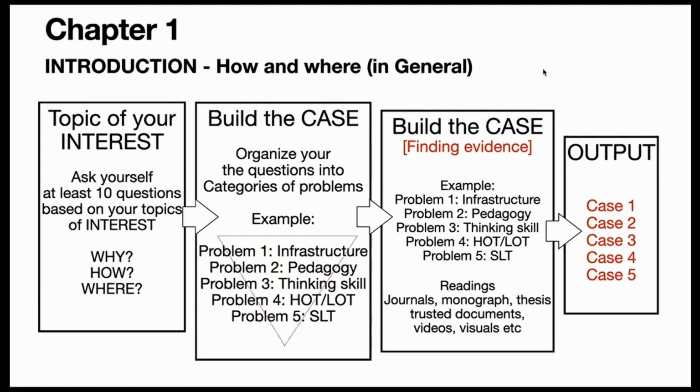Infrastructure will affect pedagogy, meaning how you deliver the content online, for example. And then pedagogy will also affect thinking skill. You go deeper and you will see the triangle, from general to specific. This is just one example.